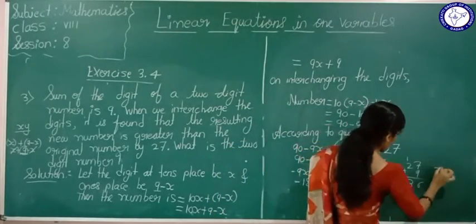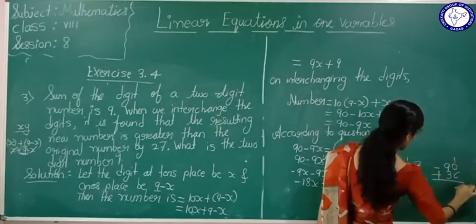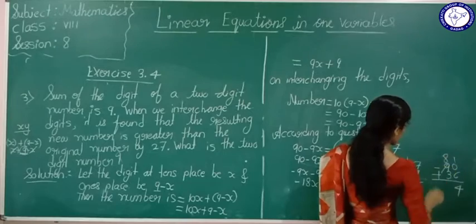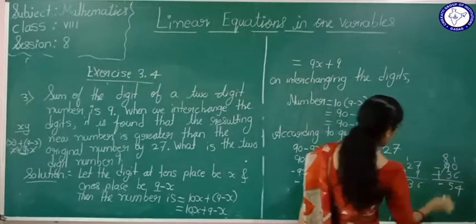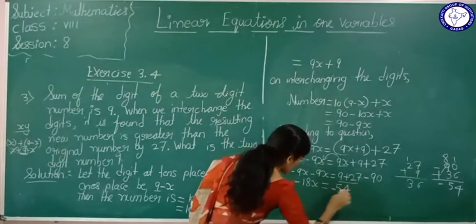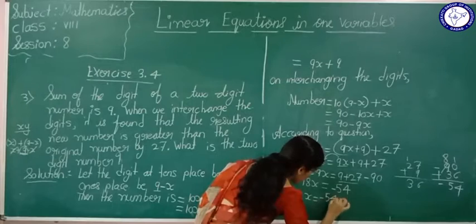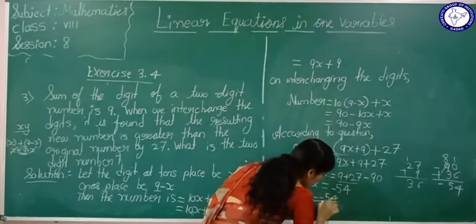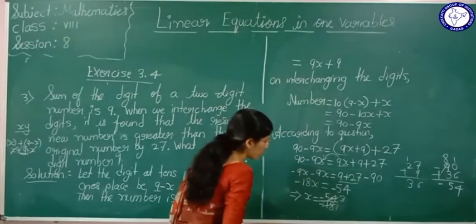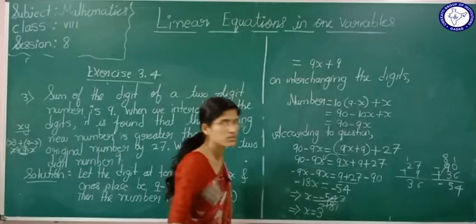What is minus 90 plus 36? Minus 54. So x is equal to minus 54 divided by minus 18. 18 threes are 54, so x is equal to 3.